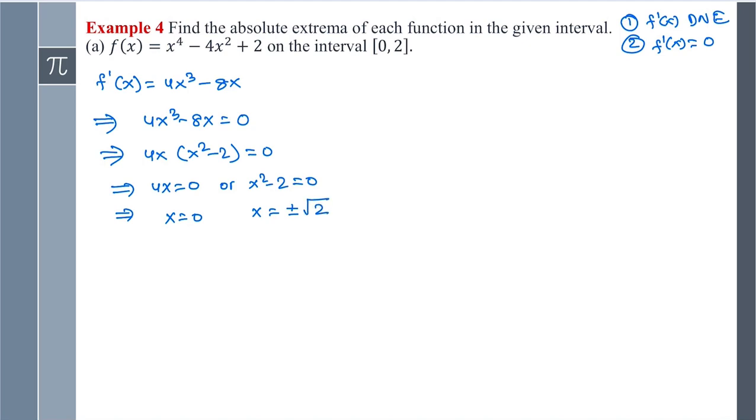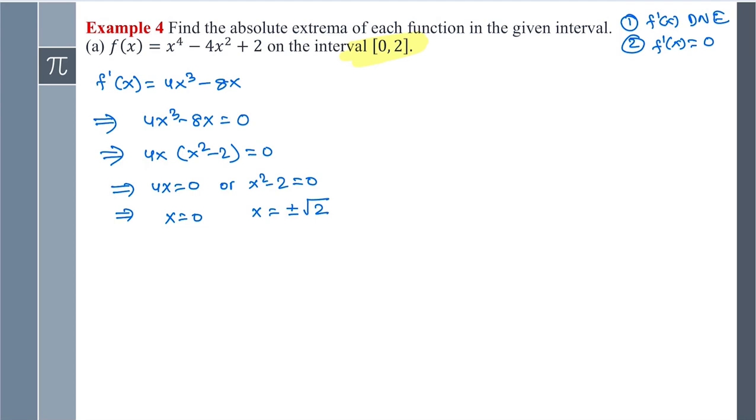So now, are these critical numbers in the domain? Again, we are not considering the entire domain of this polynomial. The entire domain for the polynomial is all real numbers from negative infinity to infinity, but we are just looking at this given closed interval from 0 to 2.